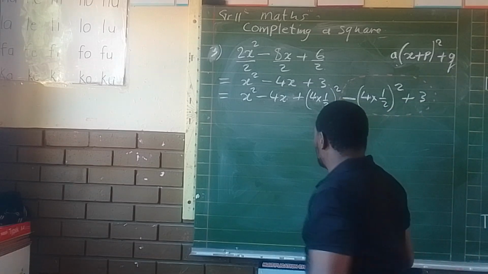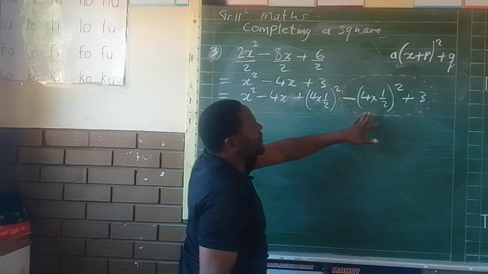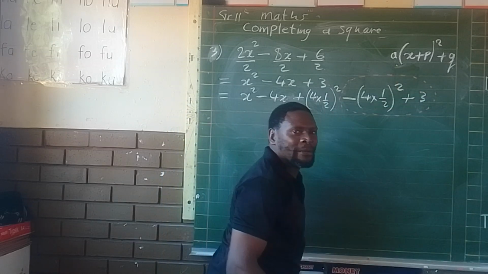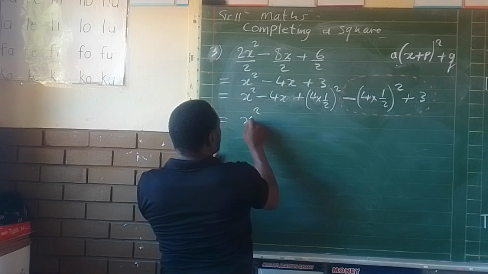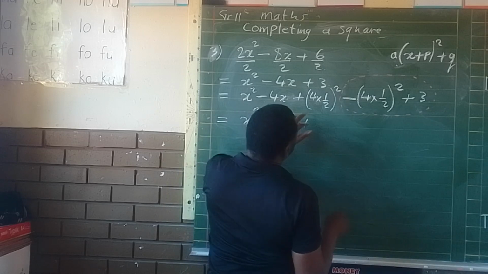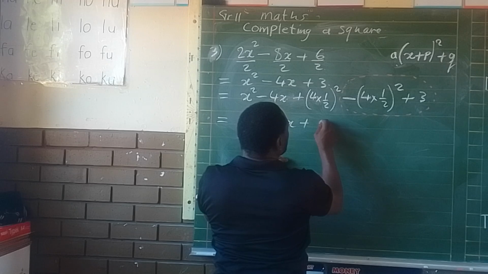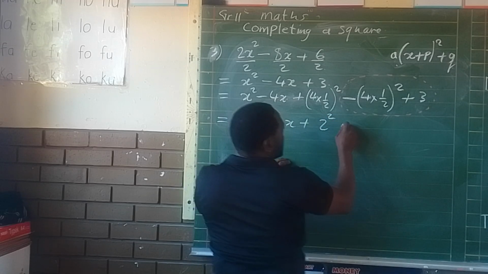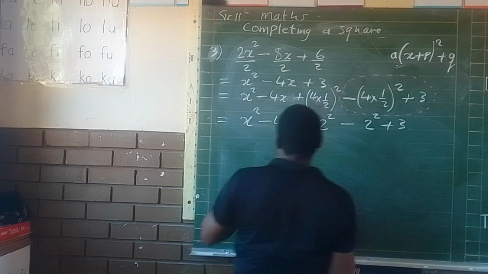Nothing different like the binomial that we used to do. The trinomial is just adding the other term, right? Which is equals to x squared minus 4x plus 4 multiplied by half is 2. 2 squared minus 2 squared plus 3.